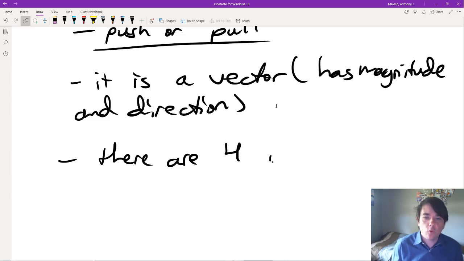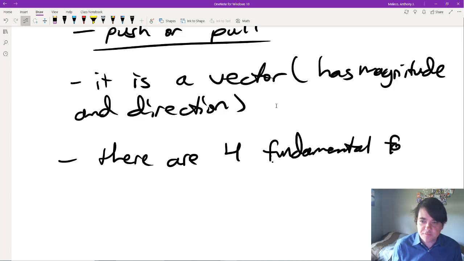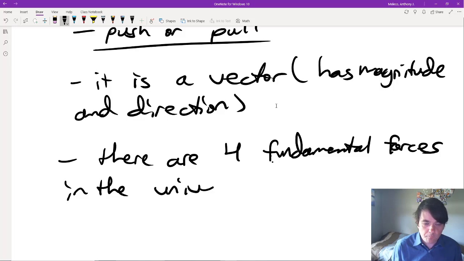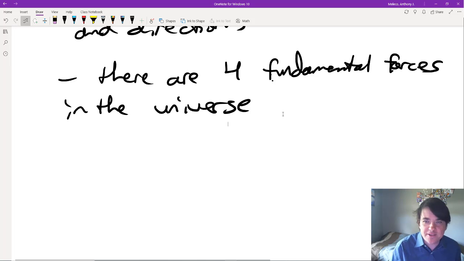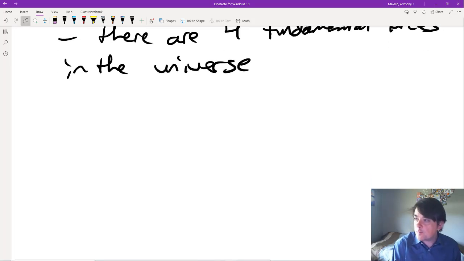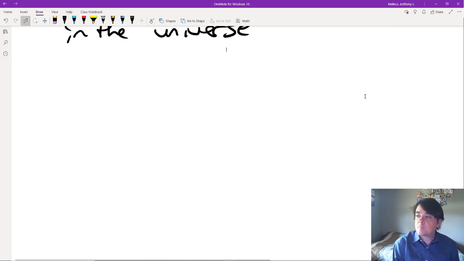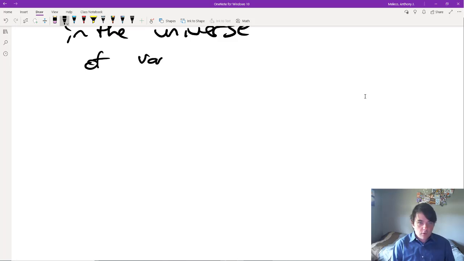There are 4 fundamental forces in the universe. There are 4 forces that break down into all the forces that we interact with and are able to perform things with daily. They're of varying strengths.